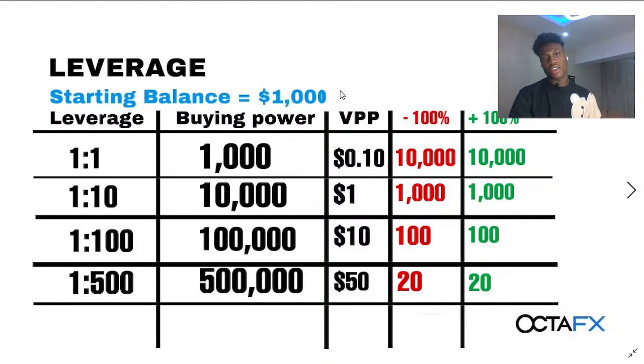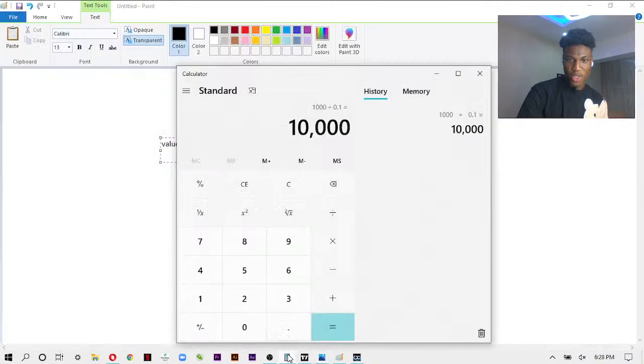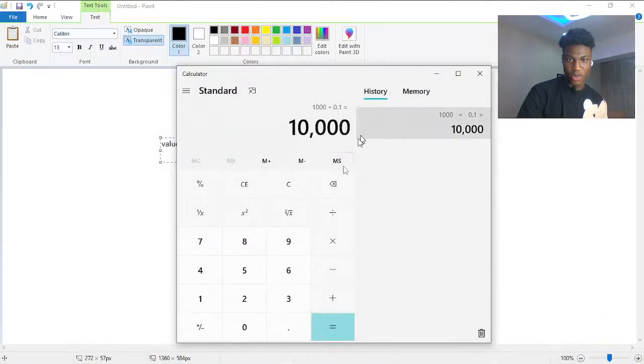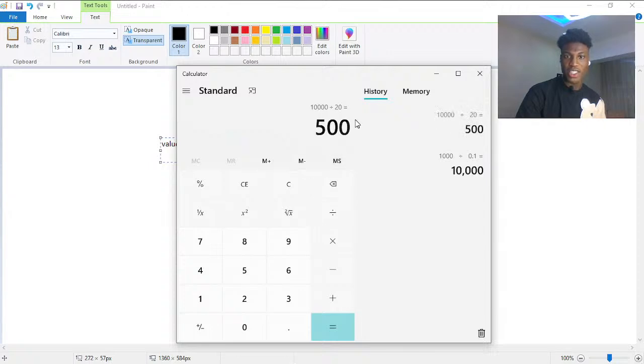Now, let's say I'm a trader that makes 20 pips per day. So 10,000 pips divided by 20 pips per day, it's going to take me 500 days to double up my trading account, which I would say is a huge amount of time for me to double up my trading account.